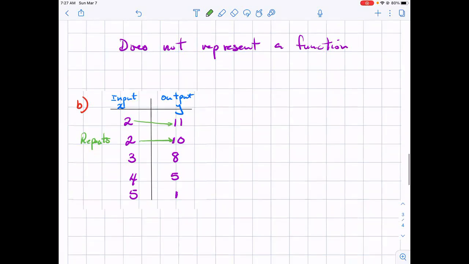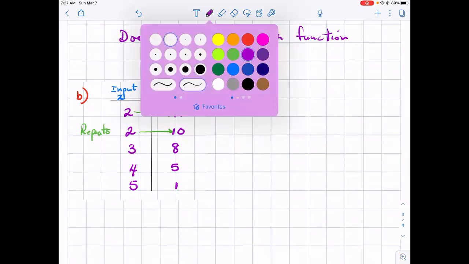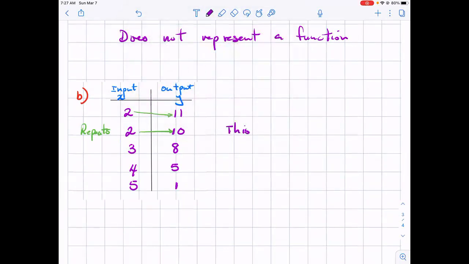So we said here that this table does not describe a function, or y as a function of x.